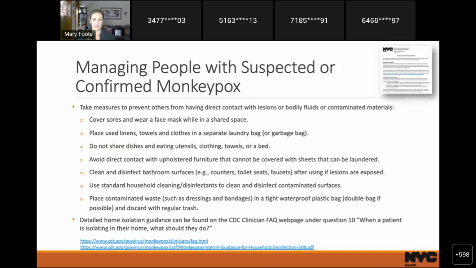And contaminated waste, particularly medical waste that's been in contact with the lesions or exposed to secretions, should be put in a tight waterproof plastic bag, double bagged ideally if possible, and then discarded with the regular trash. And there are links here for nice detailed home isolation guidance that can be provided to patients by following that link. Next slide.